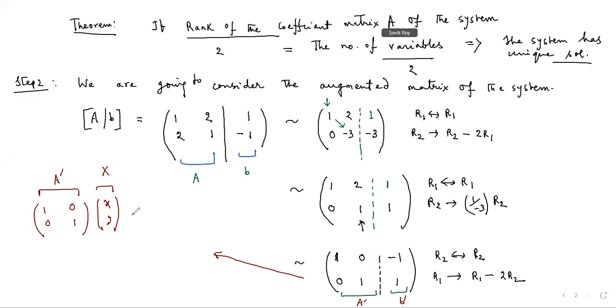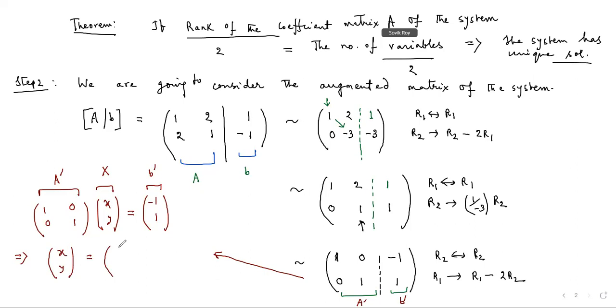So we have got our A prime, we have got our X, and on the right hand side we have got our B prime, and then we put in the values, minus 1 and 1. Now if I multiply, what do I get? We get 1x plus 0y, that is x, and 0x plus 1y, that is y.